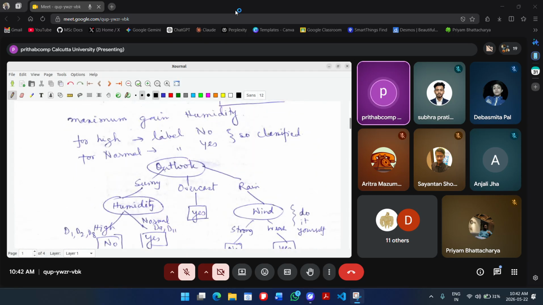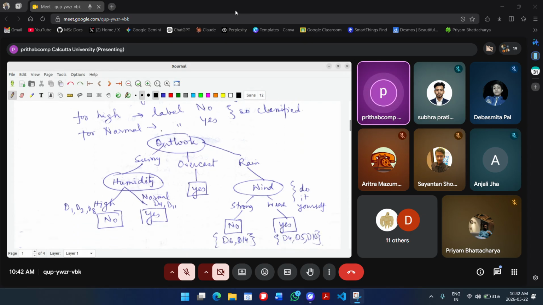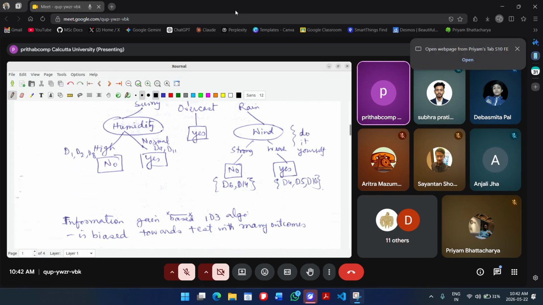So this information gain measure was used for selecting an attribute in building the decision tree, and that algorithm is typically called the ID3 algorithm. Now, there are some problems with this ID3 algorithm.